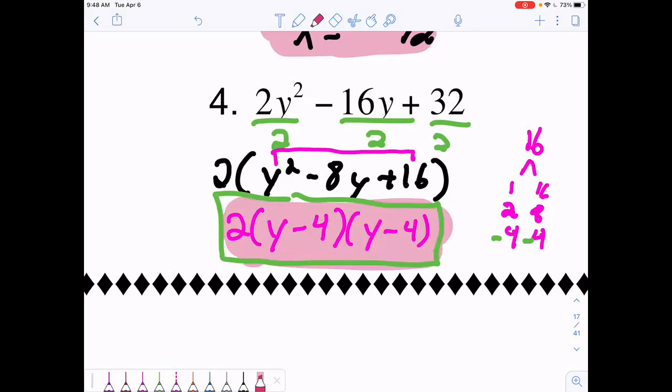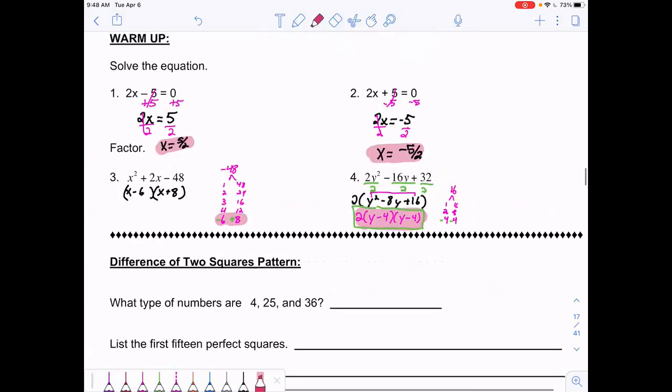All right, so that is a review. Today, we're going to go into perfect squares, which are easier than what we just did there. We're factoring more with a pattern today than we are with a process.